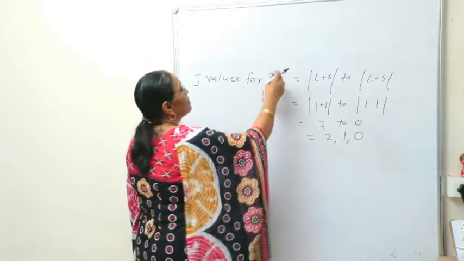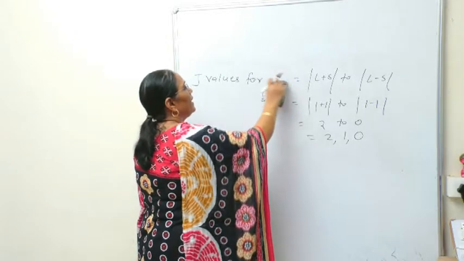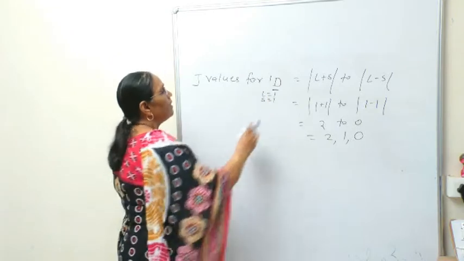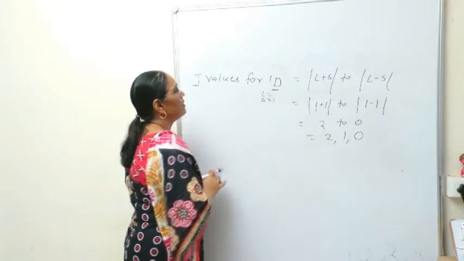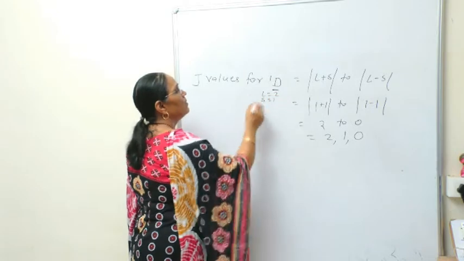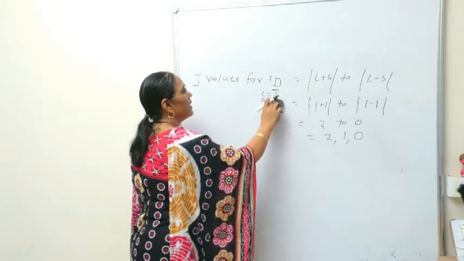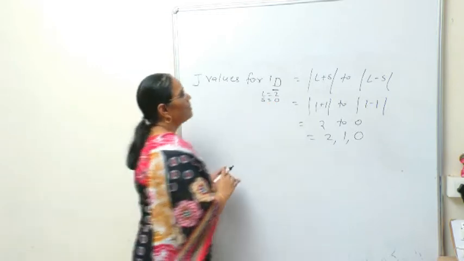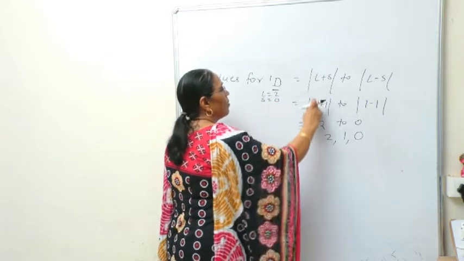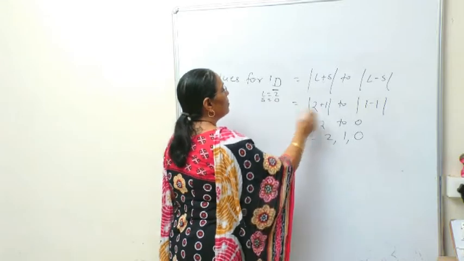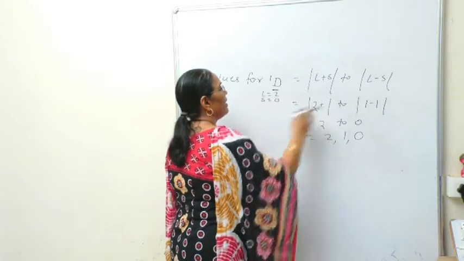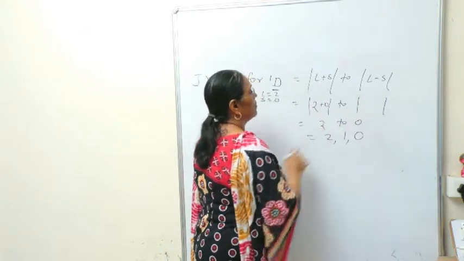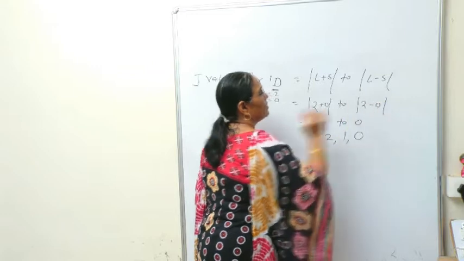Similarly, J values for singlet D. The D term arises when L value is 2 and a singlet term arises when S value is 0. So for obtaining J values, L is 2 and S is 0, so 2 plus 0 to 2 minus 0.